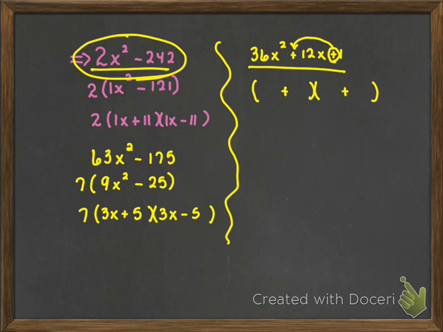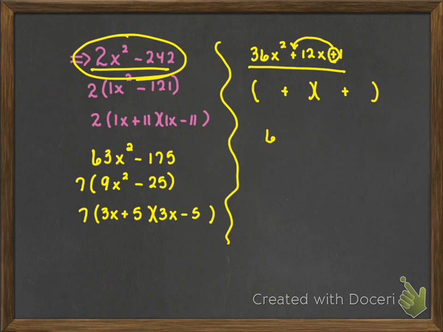Now, the way that I know that this factors as a pattern, I'm going to look at the first number, 36. I'm going to look at the last number, 1. If 36 and 1 are both perfect squares, the rule is I will take the square root of 36, which is 6.